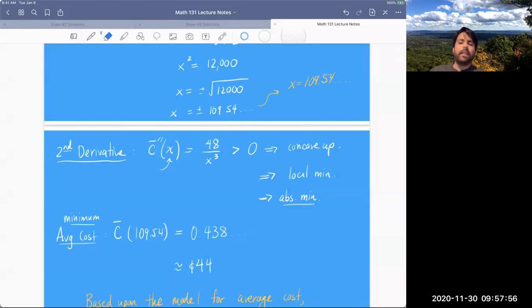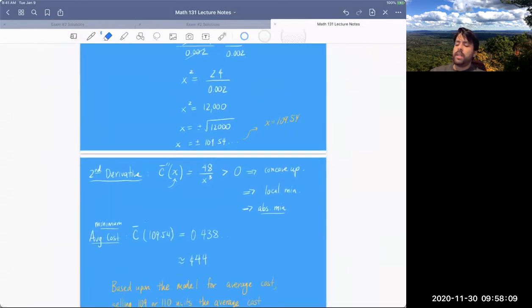For these kinds of problems, we're not so much concerned with the interval. It's assumed in a way that the critical numbers we get will not just be a local max or a local min, but either an absolute max or an absolute min.